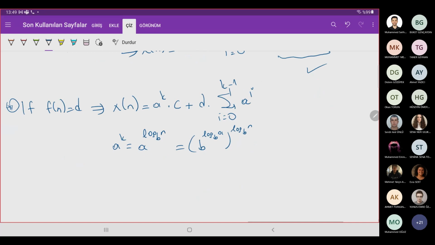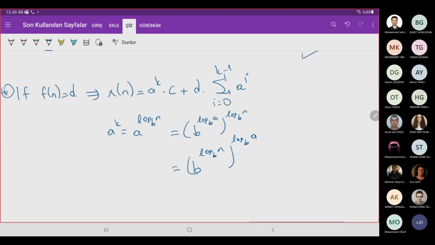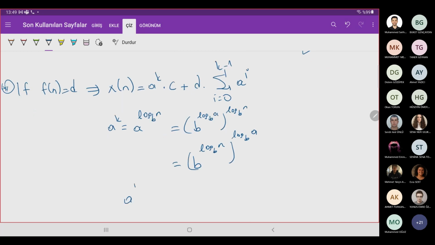Okay, so we can change the powers, b to the power log_b n to the power log_b a. It doesn't matter. So a to the power k is equal to n to the power log_b a.